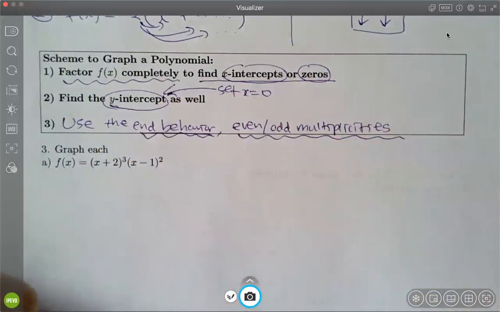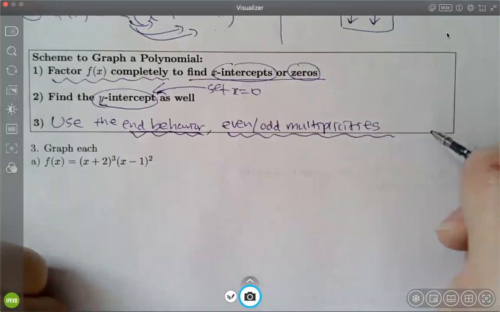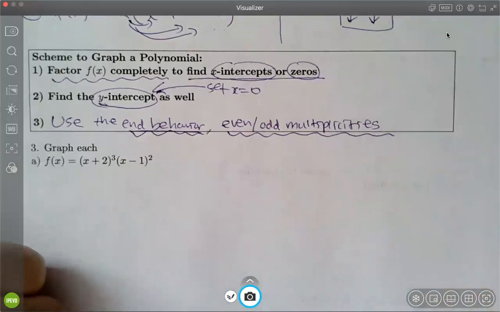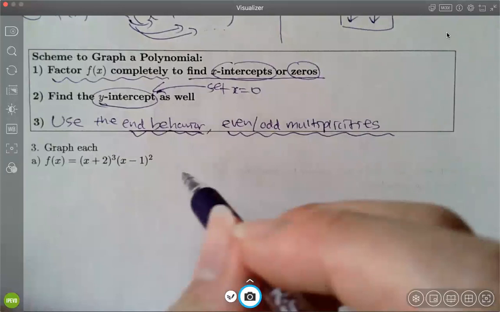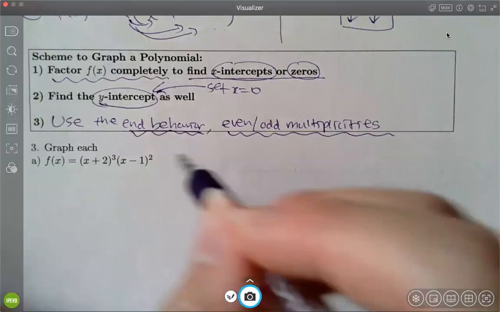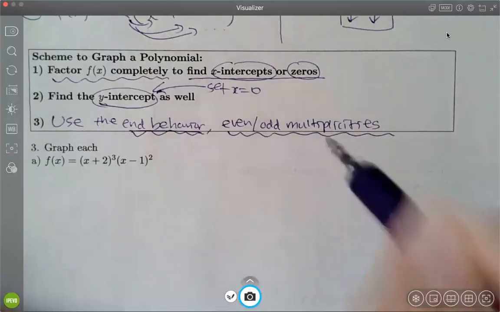So basically we are combining what we have learned so far. We find the y-intercept, then we look at the end behavior, and then we look at the even and odd multiplicities.